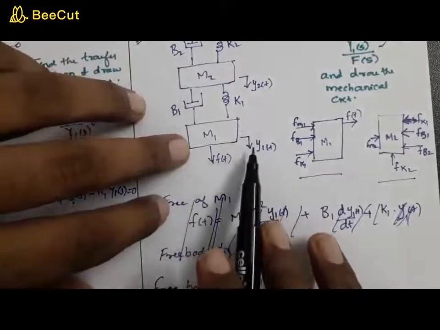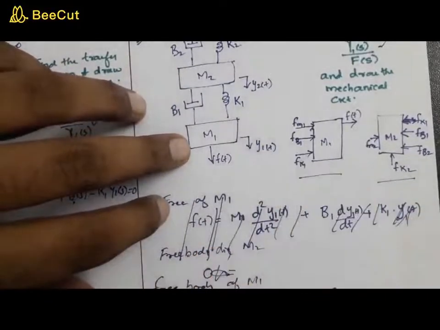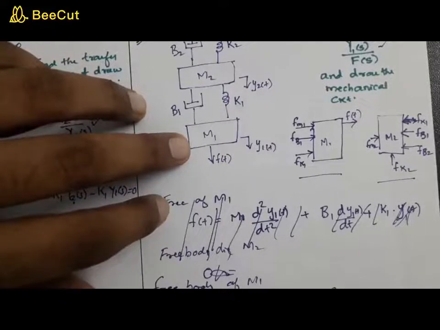That is Y1 of t minus Y2 of t. So this will be B1 into the derivative d by dt of Y1 of t minus Y2 of t.